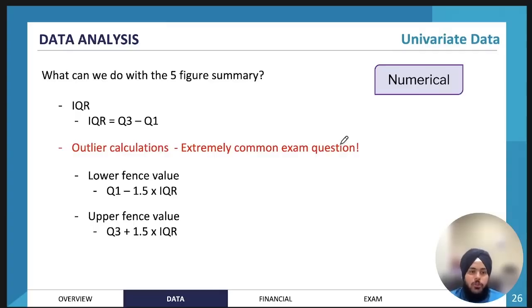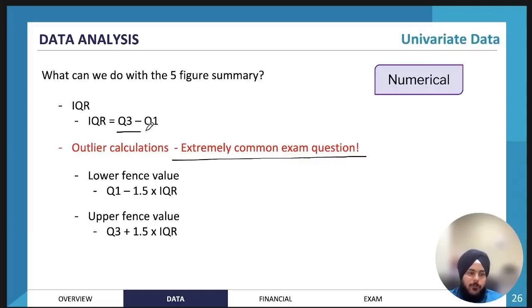So what can we do with the 5-number summary? Well, from the 5-number summary, we can calculate a whole bunch of other statistics. We can calculate the IQR, we can calculate the range, we can do outlier calculations. These are extremely common questions on Exam 2 specifically, which we'll come back to in a second. IQR literally just represents the interquartile range.